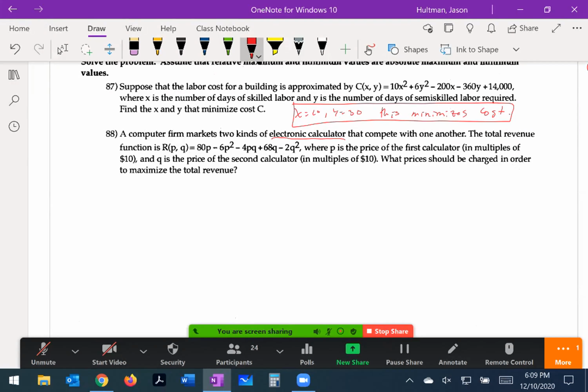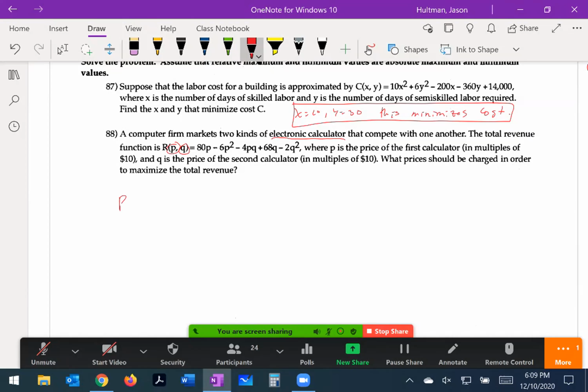The total revenue function is R of P, Q, P being the first one, Q being the second one. P is the price of the first calculator in multiples of 10, and Q is the price of the second calculator in multiples of 10. What prices should be charged in order to maximize the total revenue? So I don't want to turn it into tens until the very end. Let's get the raw number first, and then we'll turn it into tens.